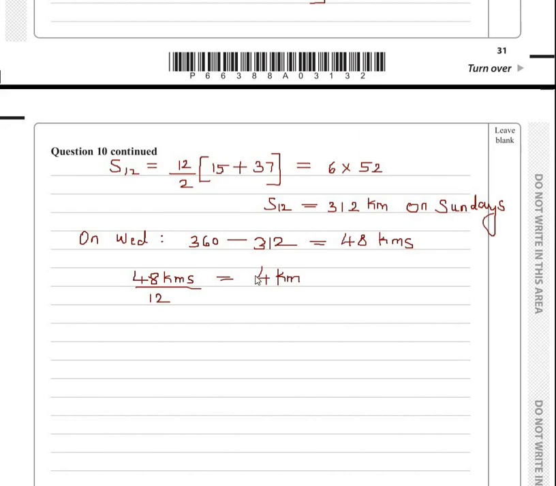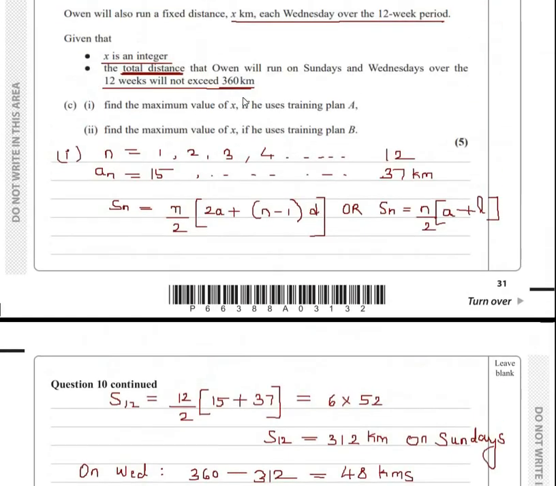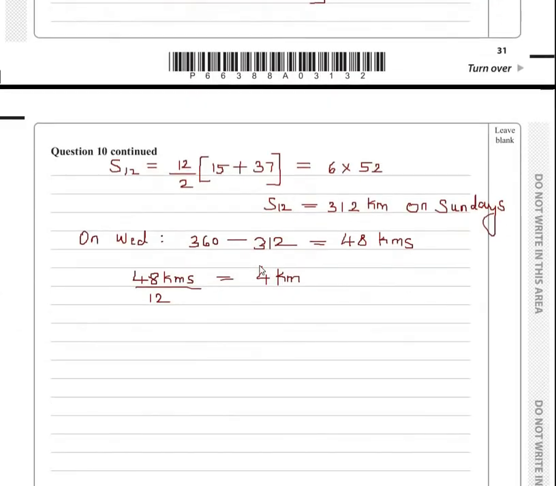He shouldn't exceed 360 kilometers. This is given as 4 kilometers. So if he is using training model A, it should not cross 4 kilometers. It can be less than or equal to 4 kilometers, but not greater than 4 kilometers.